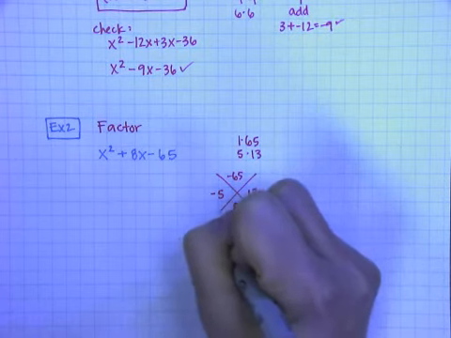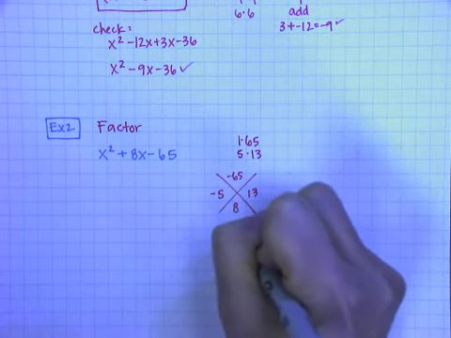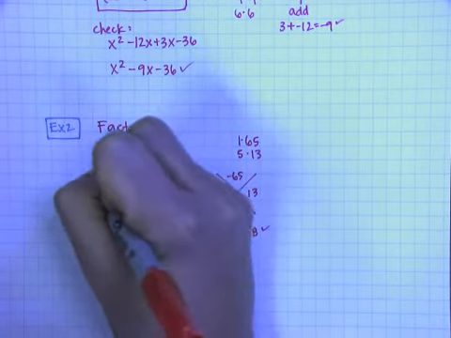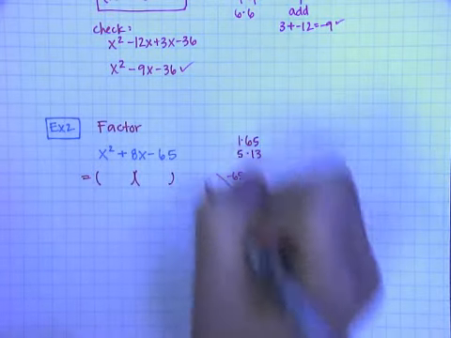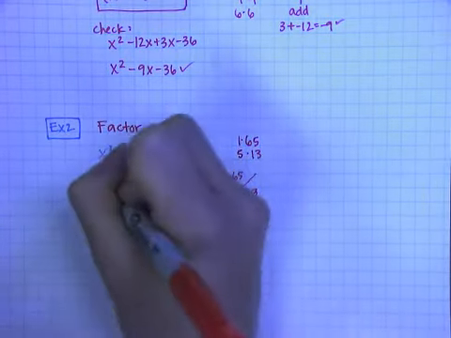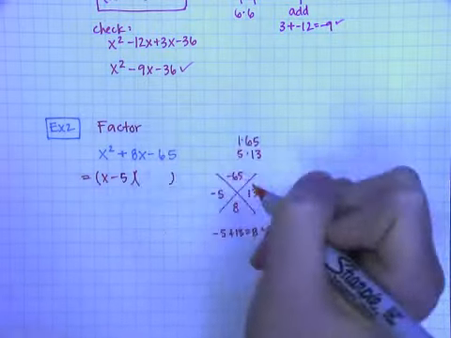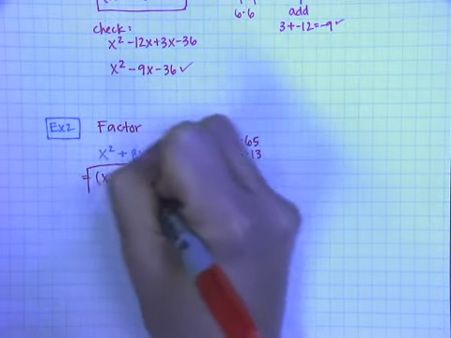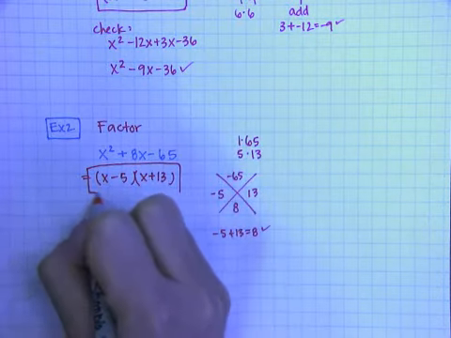And sure enough, negative 5 plus 13 really does equal 8, so that checks. So then over here, my factored form of x squared plus 8x minus 65 is x minus 5 and x plus 13.